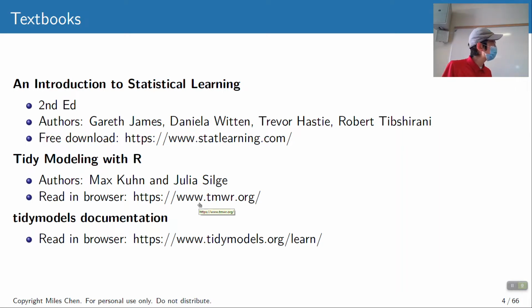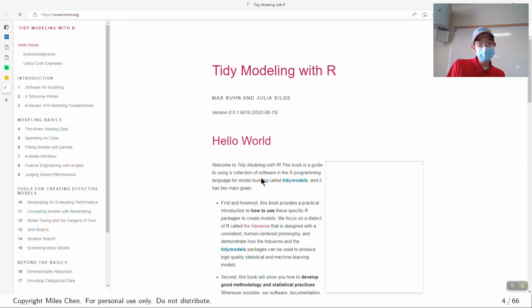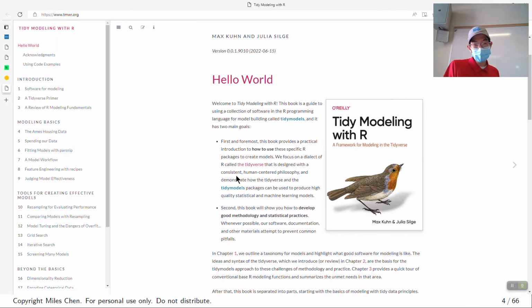The other text that I want to use is Tidy Modeling with R, okay? And this textbook, you actually can't buy the physical textbook yet. I think the physical textbook comes out at the end of July, but the entire text of the textbook is available to read. You've got to read it in your browser, okay? So if you're on your phone, it's a little bit hard to do.